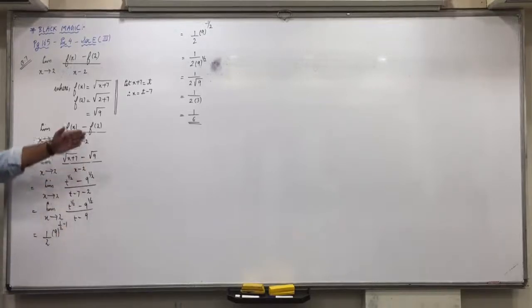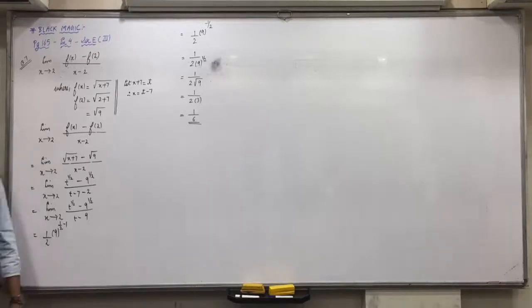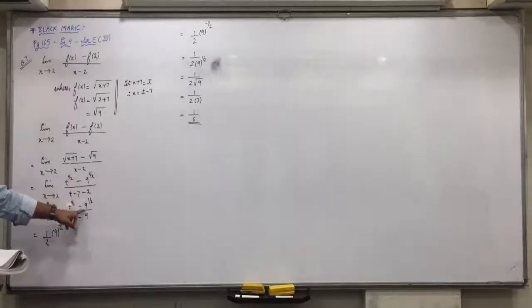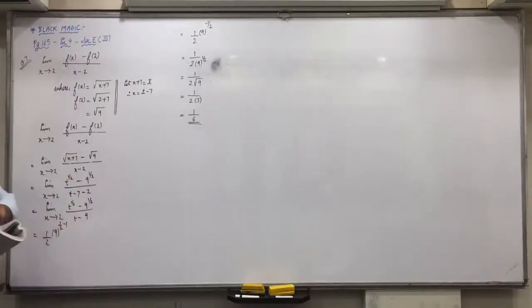This is exactly the same. Your answer also, see, is 1 by 6. So I need not do it again. Clear with this? X plus 7 you will take as t. So x will become t minus 7. In the denominator t minus 7 minus 2 will get you t minus 9. And instead of 3 you write root of 9. They have done it in a very complicated manner, you can see. You will not follow that.